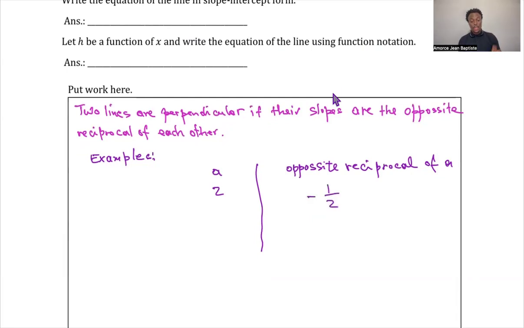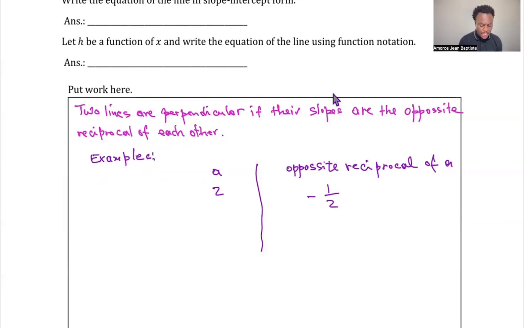Two moves: flip the fraction, because when you take 2, it's 2 over 1. The opposite reciprocal of 2 is you flip that fraction and change the sign of it. So that gives you the opposite reciprocal.